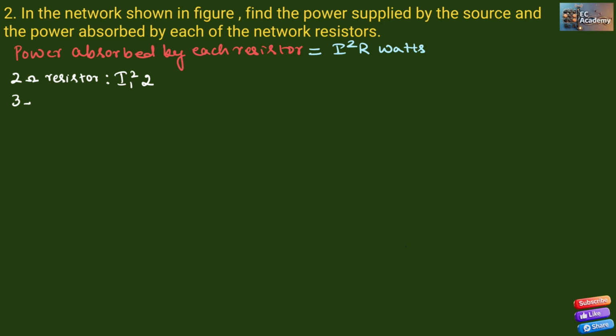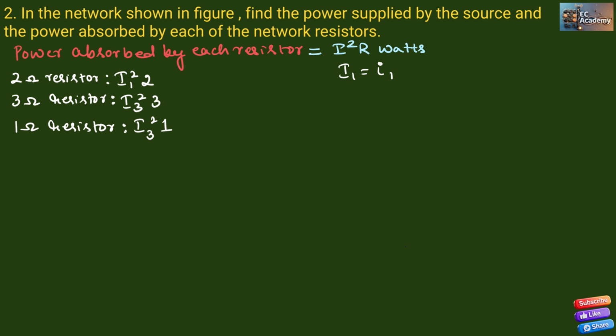Power absorbed by the 3 ohm resistor can be given as I3 squared into 3, and power absorbed by the 1 ohm resistor can be given as I3 squared into 1. So here capital I1 will be equal to small I1 from the circuit. I2 will be equal to I1 minus I2, and I3 will be equal to I2.